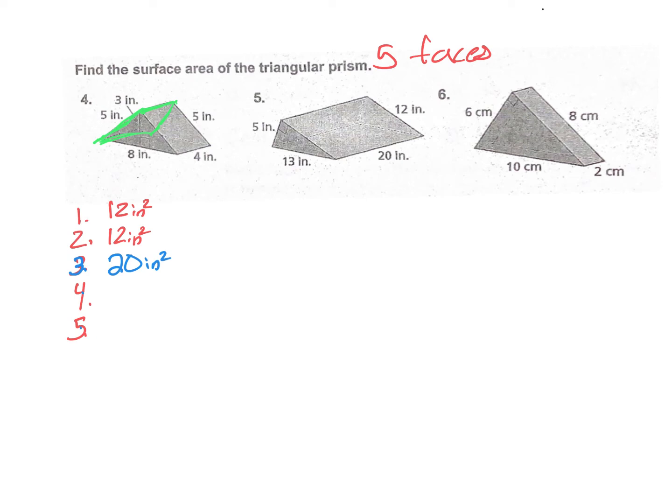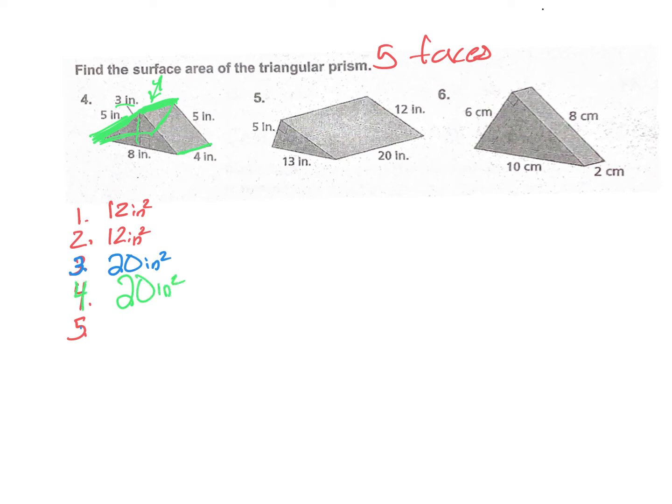Now this 3 goes to this line. It has nothing to do with this side over here. But this one has a 5 on one side times whatever this is. Well, if this is 4, then this is 4. So it's a 5 times 4. And 5 times 4 is 20 inches squared.